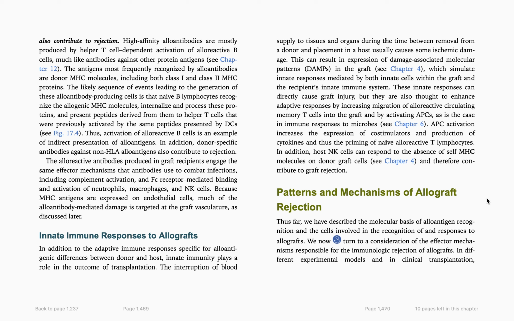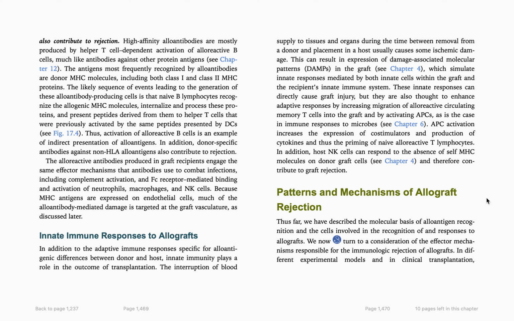This innate response can directly cause graft injury, but it is also thought to enhance the adaptive response by increasing migration of alloreactive circulating memory T cells into the graft and by activating antigen-presenting cells, as in the case of immune responses to microbes.